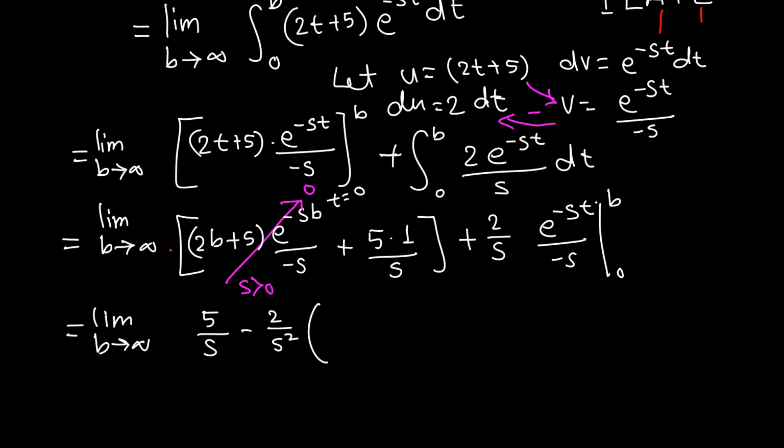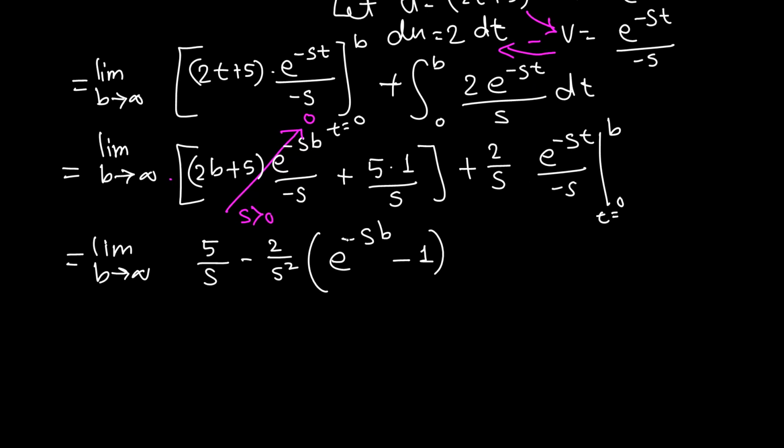Now we have to evaluate this. This is t equals b, t equals 0, upper limit, lower limit. e to the negative sb, that's the upper limit part, minus the lower limit, t equals 0, where e raised to 0 is 1. Now let's take this limit, because that's where we have b.